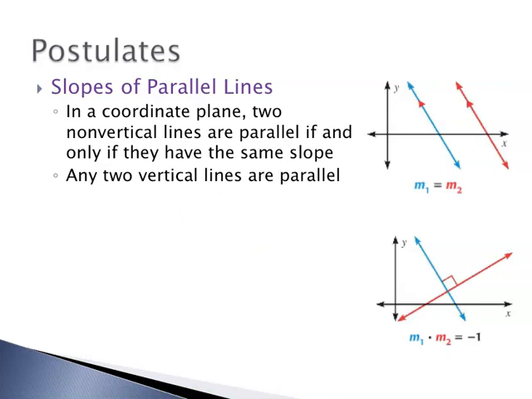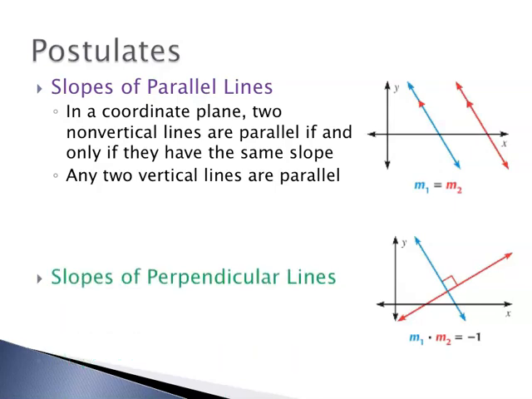So what this is saying is simply, if you have 2 non-vertical lines, they have the same slope. If you have 2 lines that have the same slope, then they're parallel. And vertical lines, because they have an undefined slope, we'll be able to say that they are parallel to each other because that's the only way to get an undefined slope is when they are vertical.